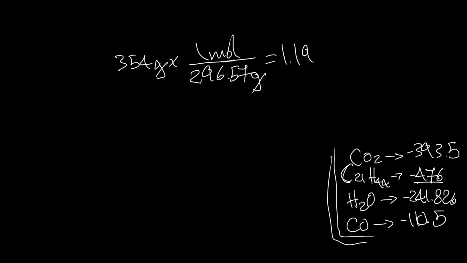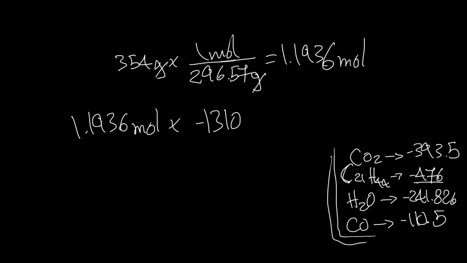So this is how many moles we're burning. So this is how many moles we have, and then we'll do 1.1936 moles multiplied by the value that we got for the complete combustion, which was -13107.67 kilojoules per mole.